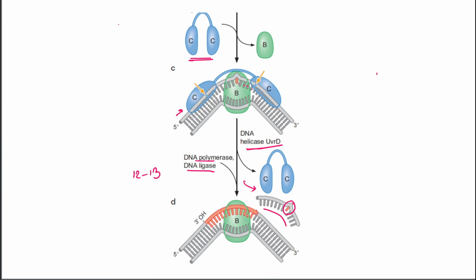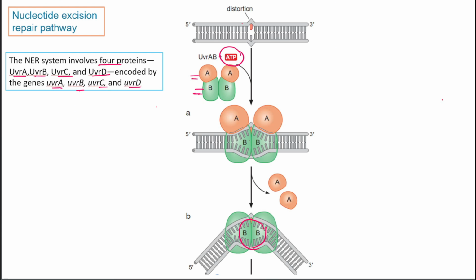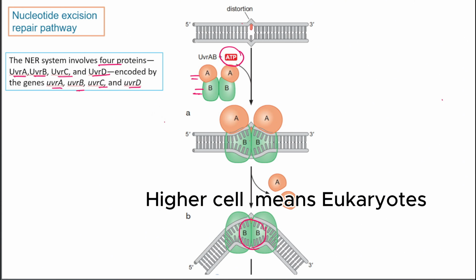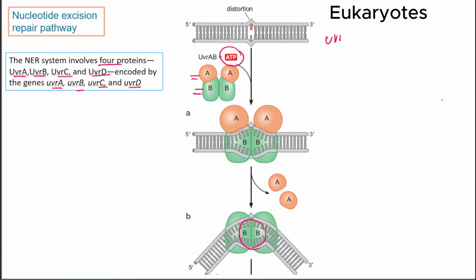This is the mechanism in E. coli. But in higher cells, NER is much the same as in E. coli. In higher cells, XPC is responsible for detecting the distortion in the helix, like UvrA. So E. coli UvrA first detects the lesion present in DNA, and that is equivalent to XPC in higher cells, which first detects the lesion, and then the DNA is opened to create a bubble around the lesion.